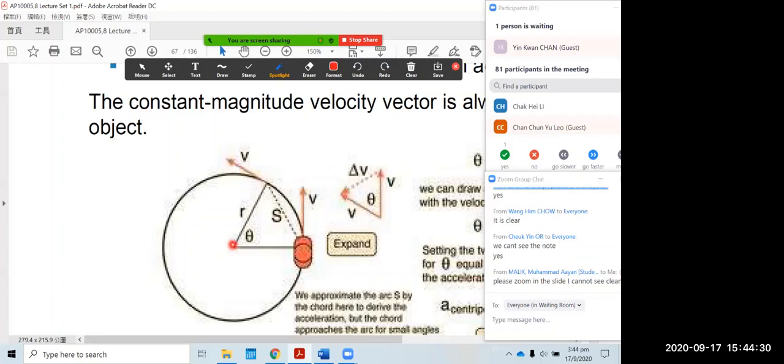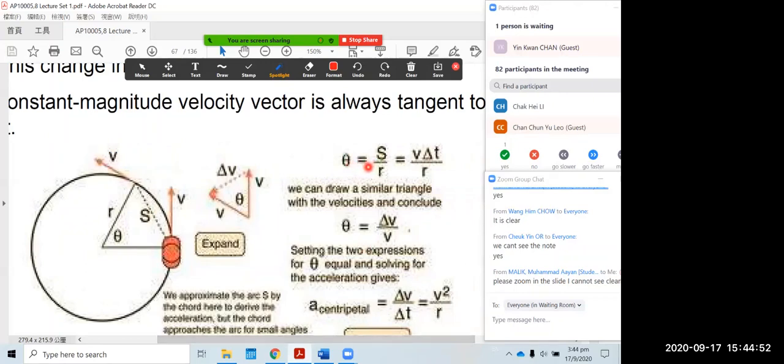So we could try to relate theta to various parameters, for example, s and r. Because if it is making a circular path, s, which is the length of this arc, it would be related to r and theta by the equation here.